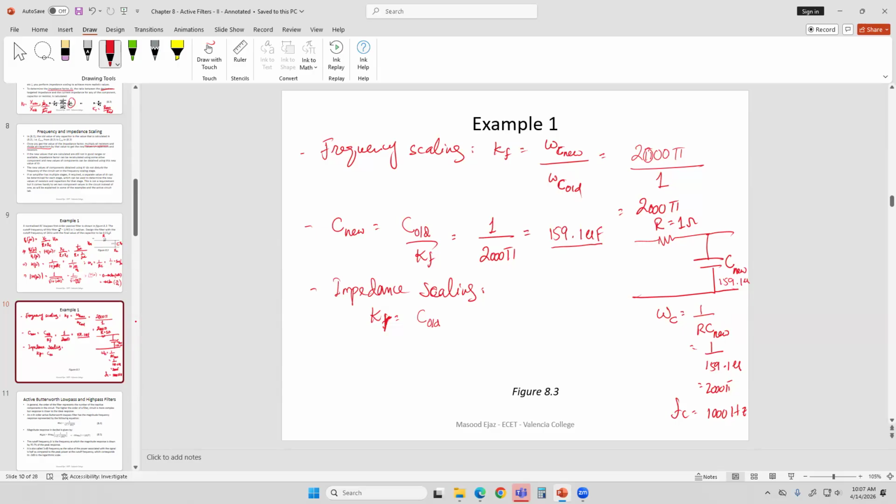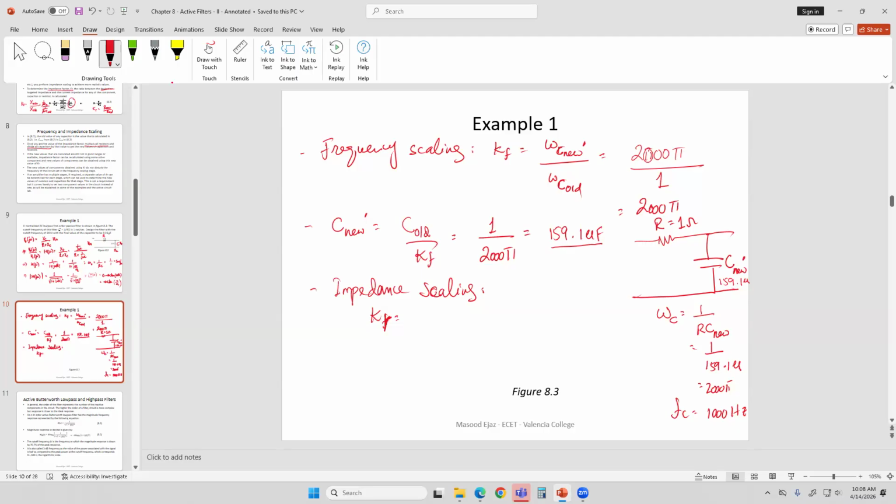So it's C new over C old, and let's see. Maybe we should use C new prime here. That might be a better way to do it. So this is C new prime.